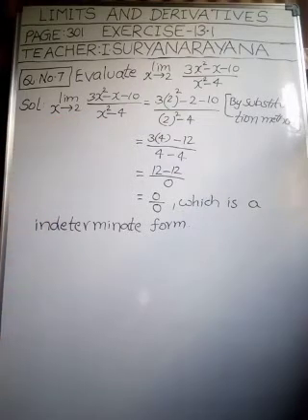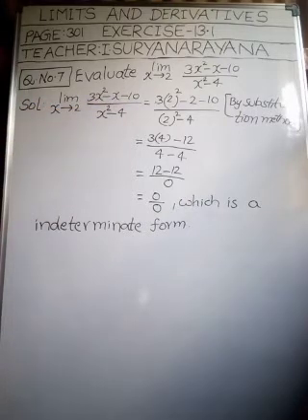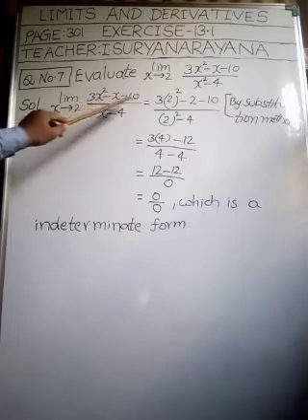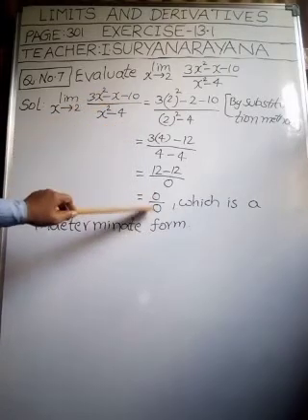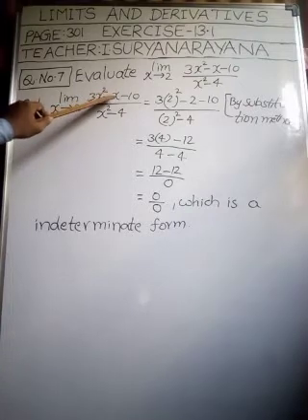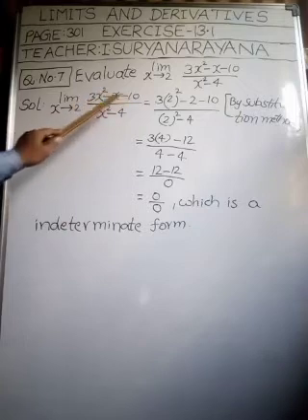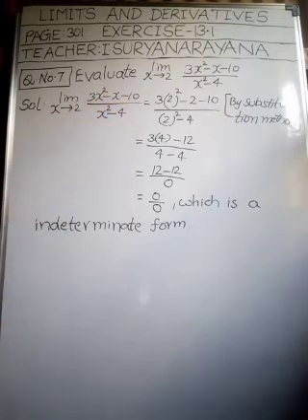Okay, my children? Right. So here we use the factorization method. In the numerator as well as in the denominator, we got 0. It means x minus 2 is a factor of the denominator as well as the numerator. So we factorize this polynomial as well as the denominator also.